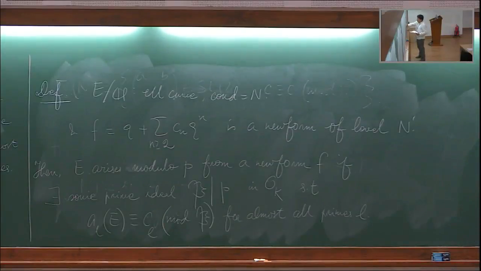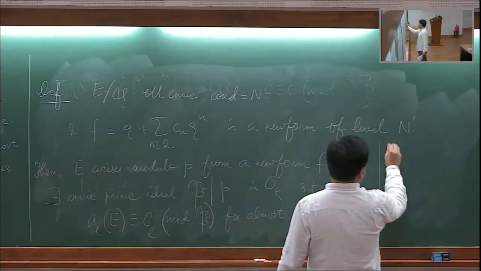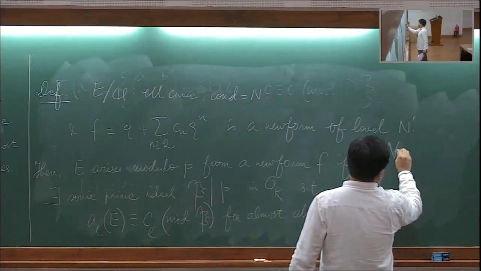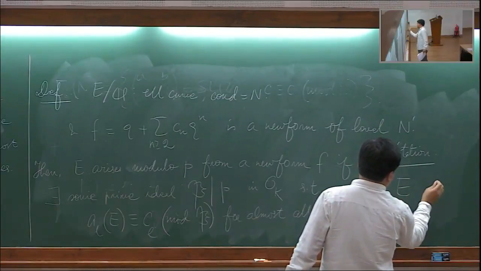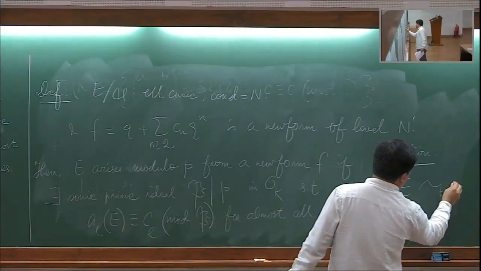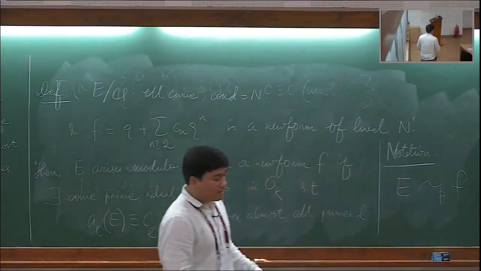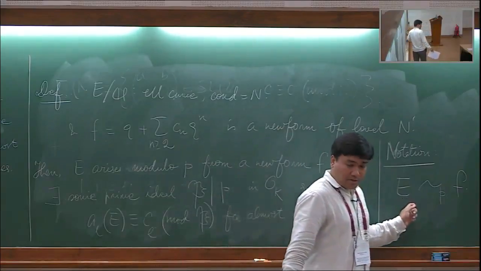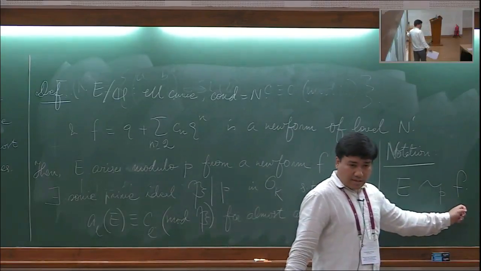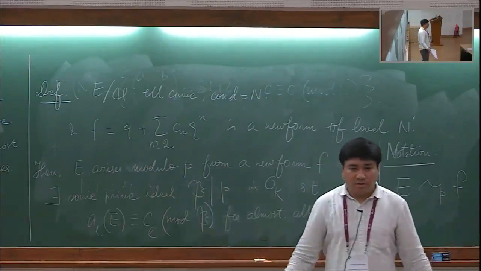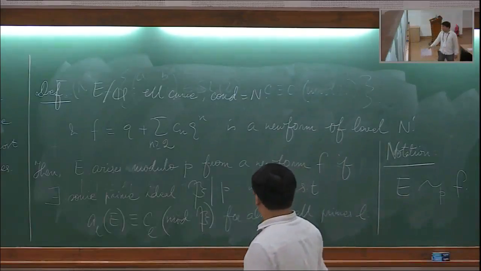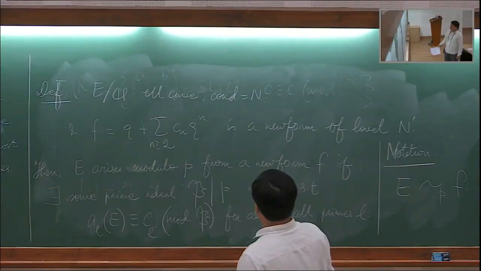And if you find that, then you write E with a tilde, and then F. So this is the notation, which means that the Fourier coefficients a_l and c_l are congruent to each other modulo this prime for almost all l.